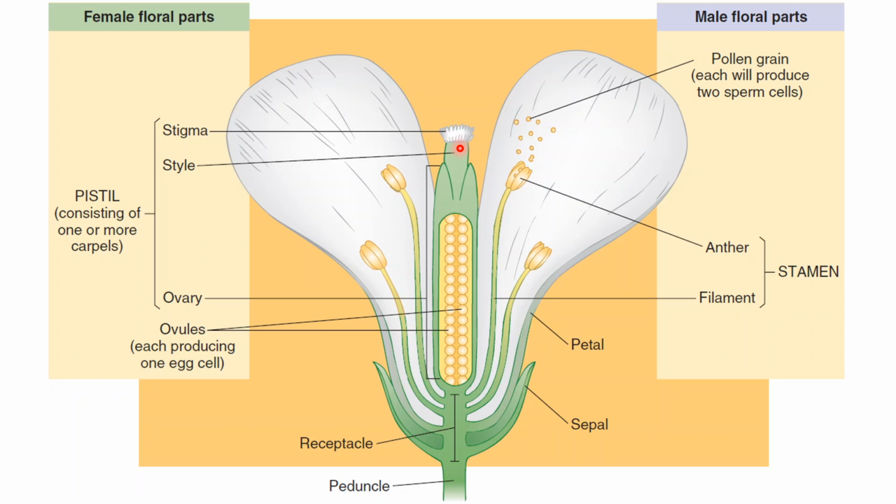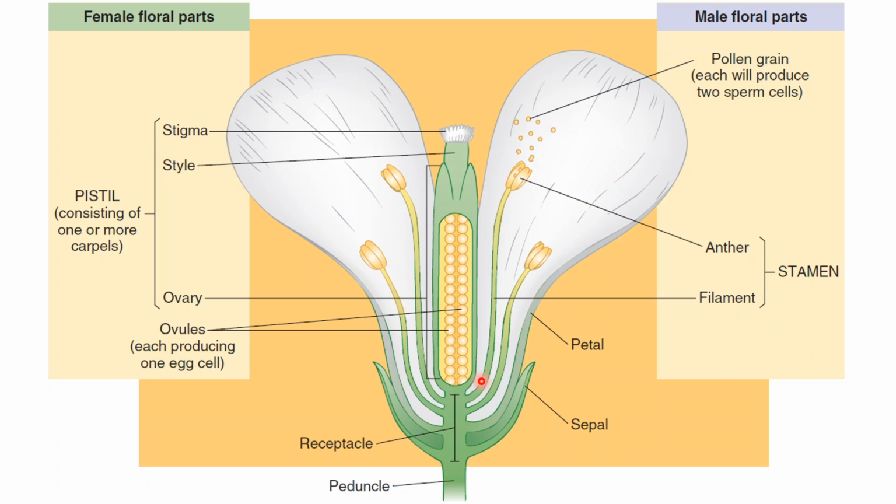So a pistil may consist of a single carpel, and then it is called a simple pistil, or it may consist of a group of fused carpels, like in this picture, and then it is called a compound pistil.